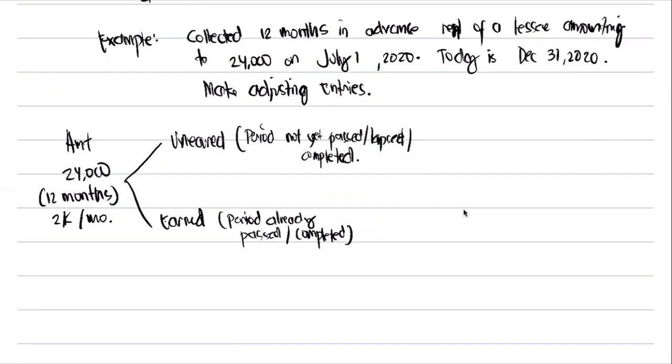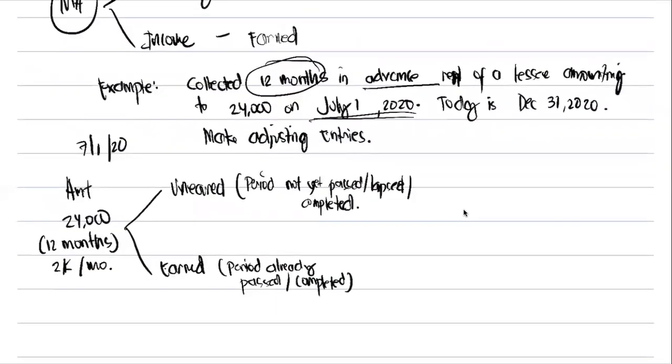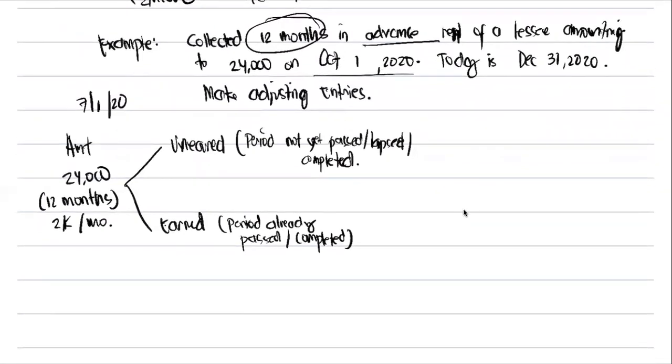So you collected 12 months in advance on July 1. So you started on July 1. I think we need to change the date so that you will more appreciate the amount of the earned and the unearned. So let's make it October 1, so 10/1/20. Today is December 31, 2021.